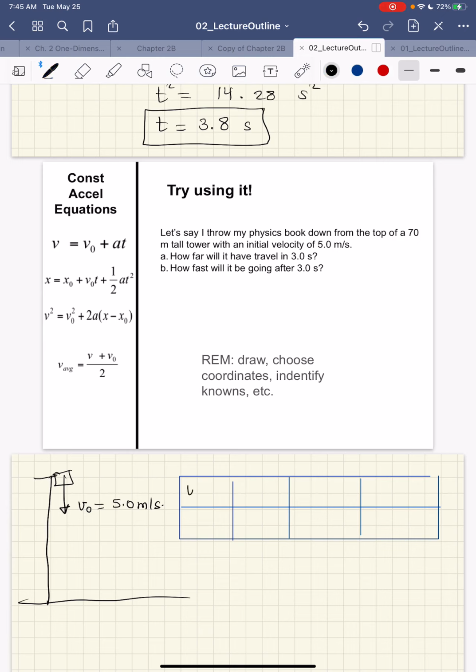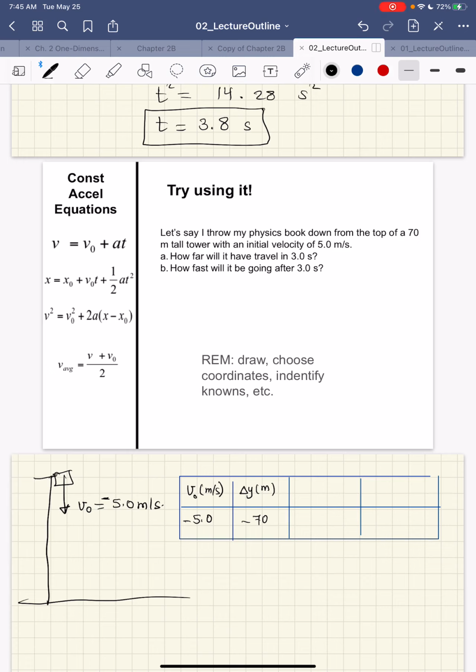Okay, this is V initial, and it is negative 5. Let me, so that I will not confuse you, in the diagram I don't need to put negative because I did show that the vector is downward. But so that you will not be confused, negative 5, and again, delta y is negative 70.